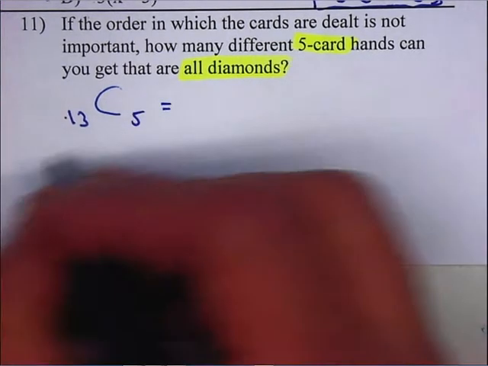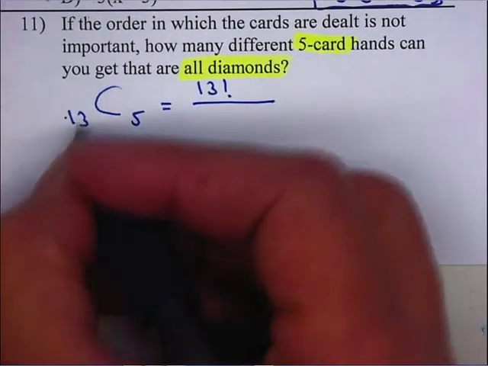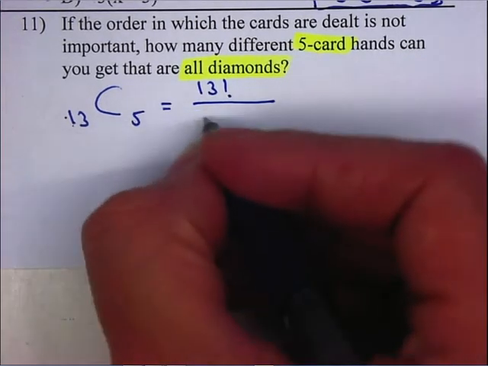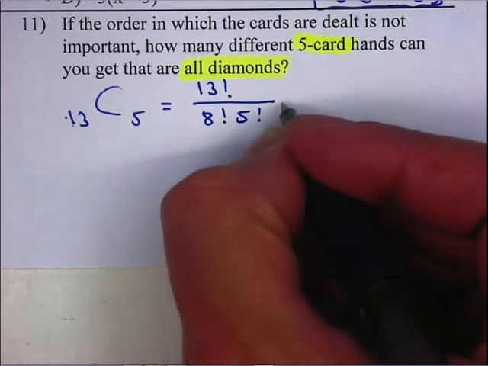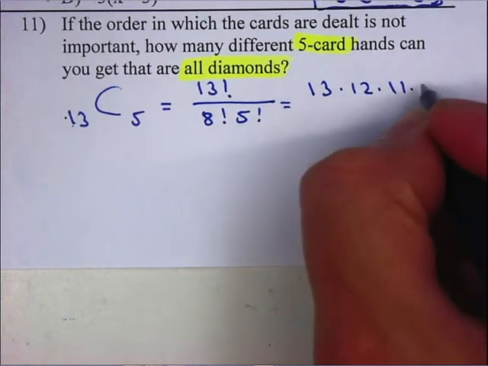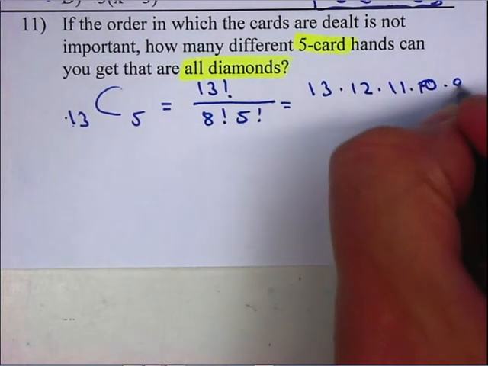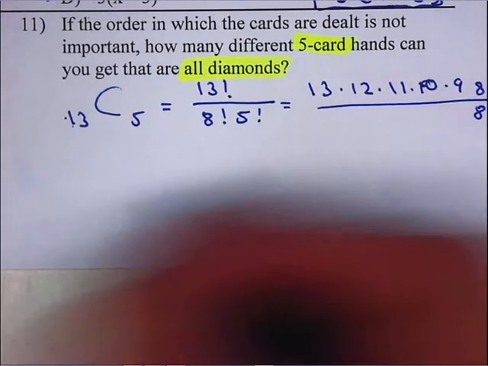5. I'm going to expand it, so it gives me 13 factorial over 13 minus 5 is 8 factorial, and multiply by 5 factorial. Expanded: 13, 12, 11, 10, 9, and the 8 factorial is going to cancel with the 8 factorial.